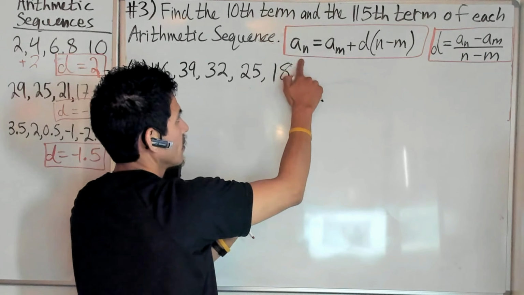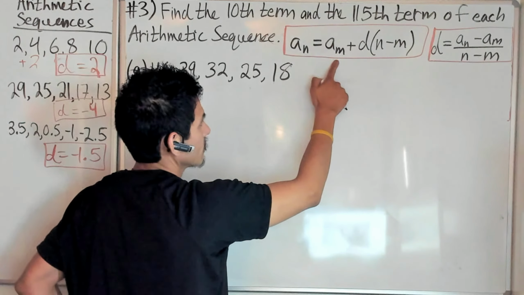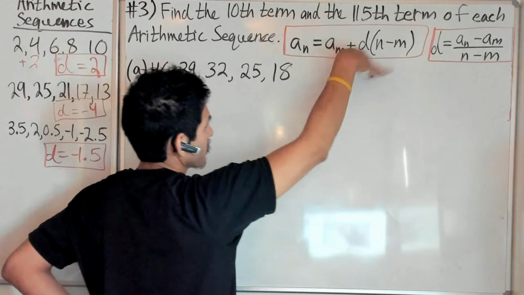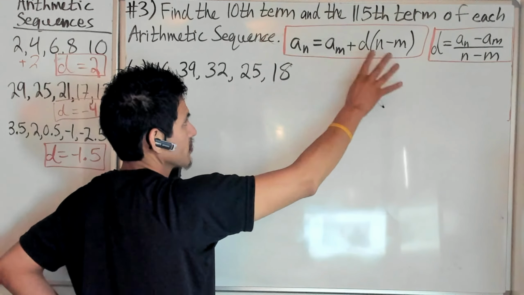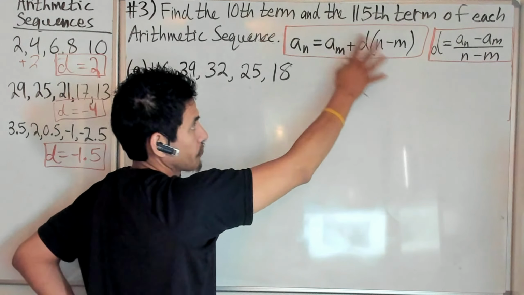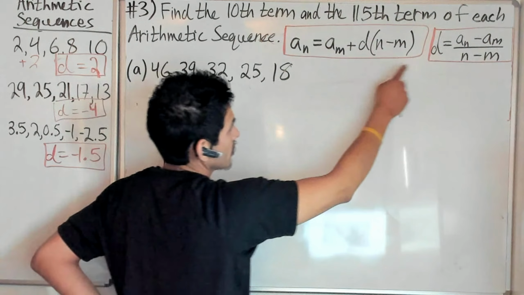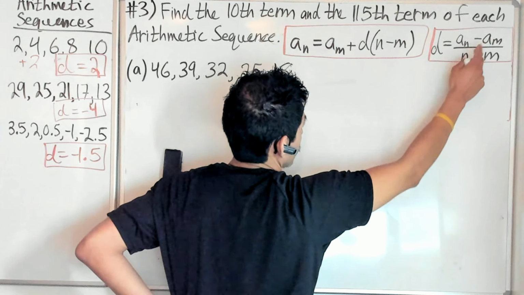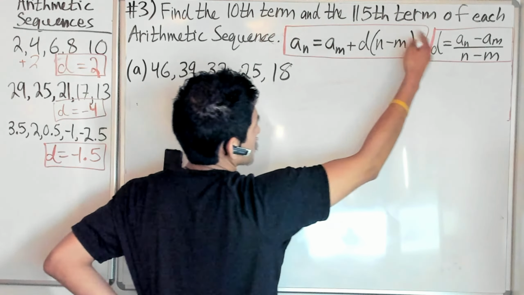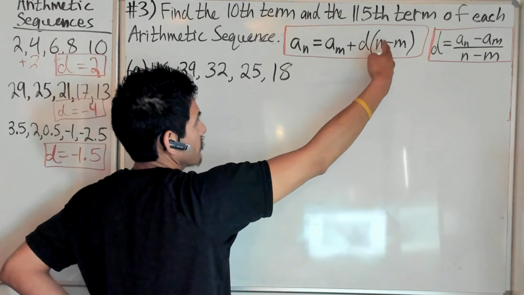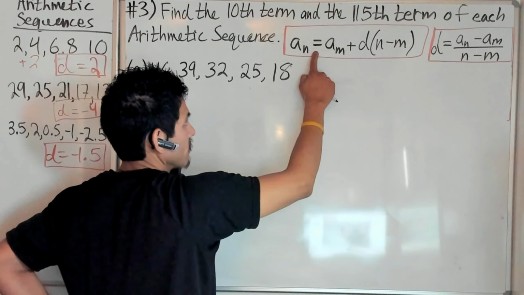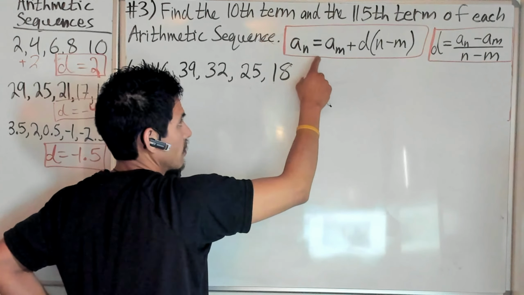We say that an equals am plus d times n minus m. And I'm going to explain what all this notation means. It's really simple. The common difference is equal to an minus am over n minus m. Both of these are the same equation, just rearranged: this one is solved for the common difference d, and this is solved for the an term.